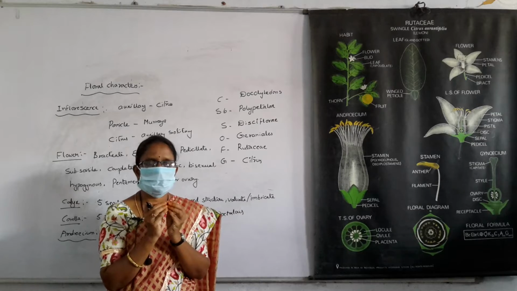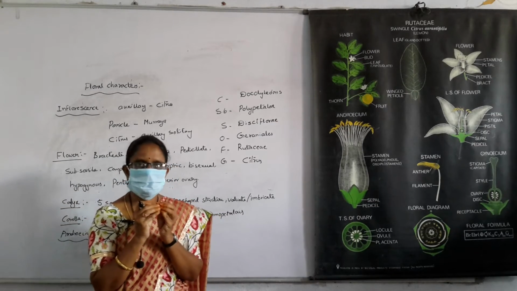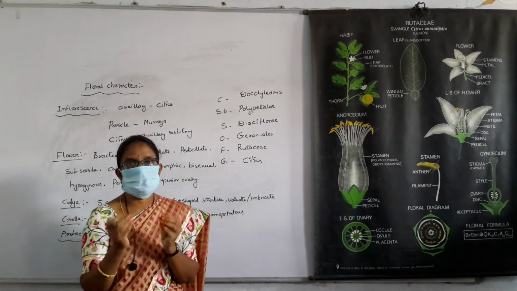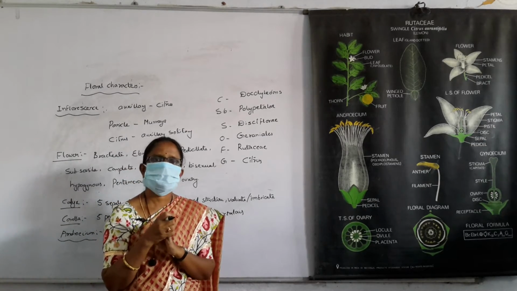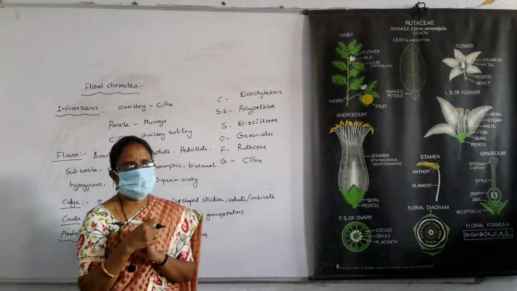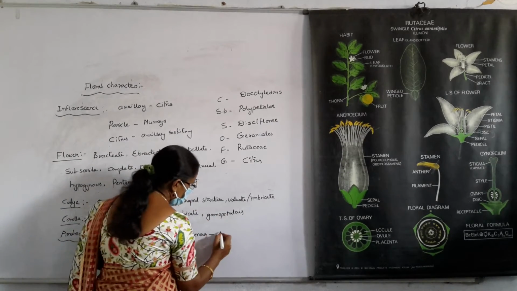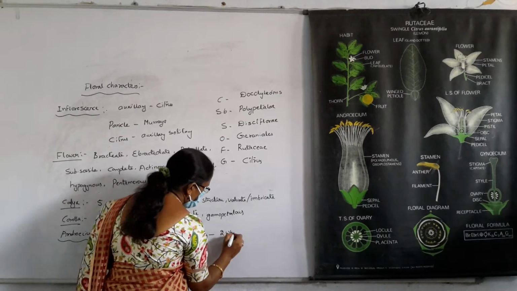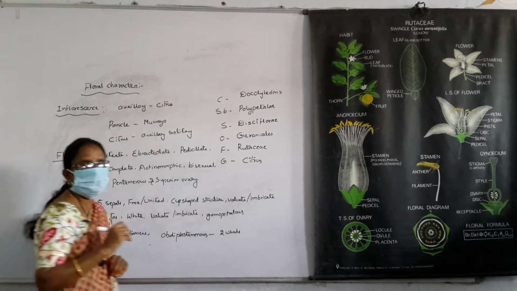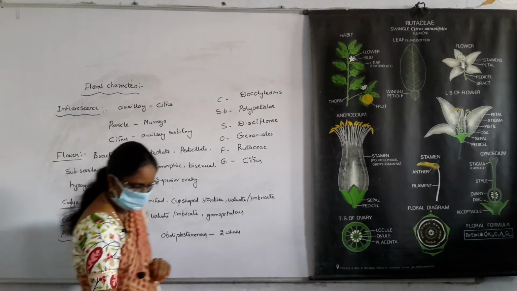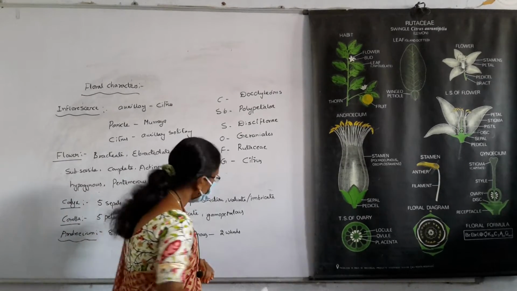Outer whorl stamens are opposite to the petals, and inner whorl stamens are alternate to the outer stamens, opposite to the sepals. Next we will see the diagram of the obdiplostemonous arrangement.